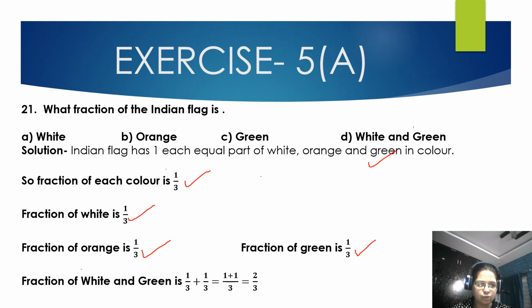So add these two fractions, 1 divided by 3 plus 1 divided by 3. These are like fractions, so just write down the denominator 3 and add the numerators, 1 plus 1 is 2. So we get the fraction of white and green is 2 divided by 3.